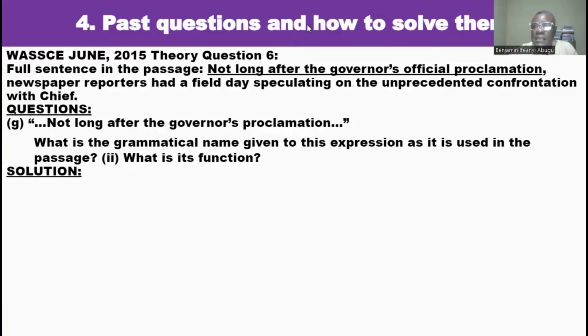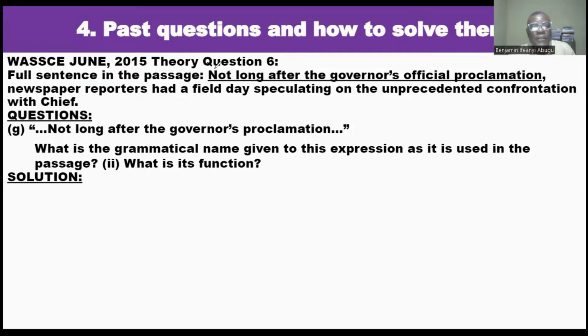First, we look at the entire sentence from which this expression was extracted. Not long after the governor's official proclamation, newspaper reporters had a field day speculating on the unprecedented confrontation with chief.